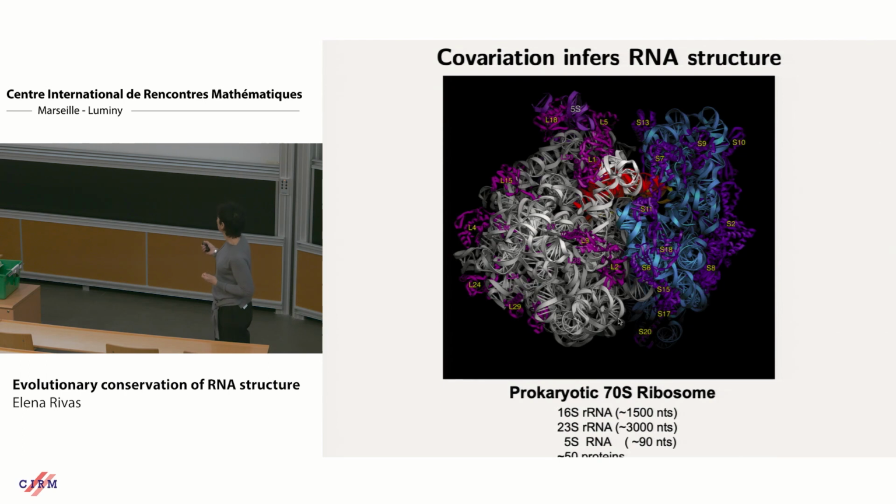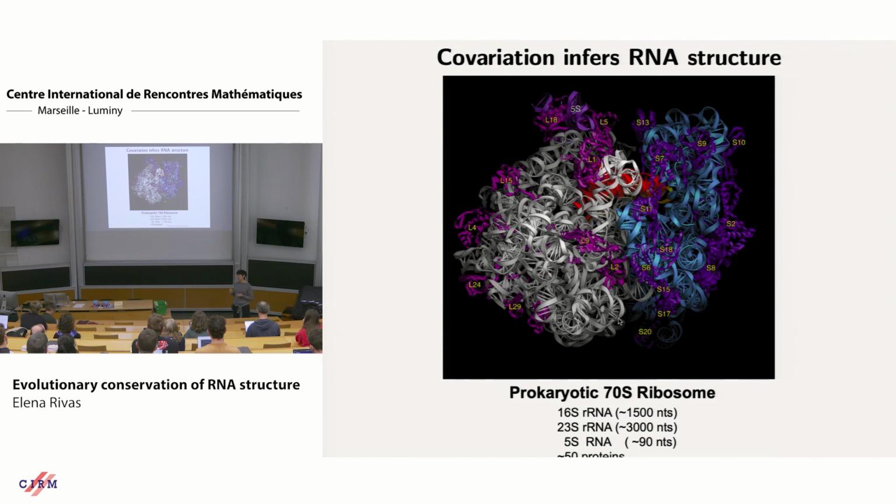There are about 50 proteins associated to this structure, and these are the two larger structural RNAs that we have. The crystal structures of these appeared around the year 2000, and just a couple of years before that, the base pairs were obtained by covariation analysis with an accuracy of over 98%, which is really amazing.